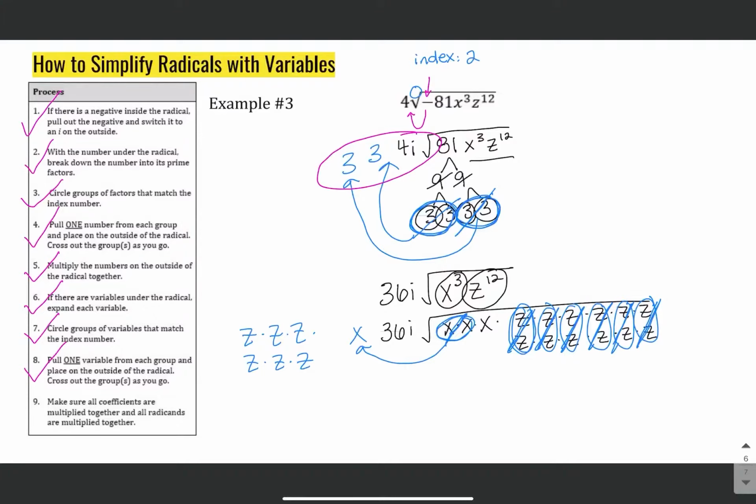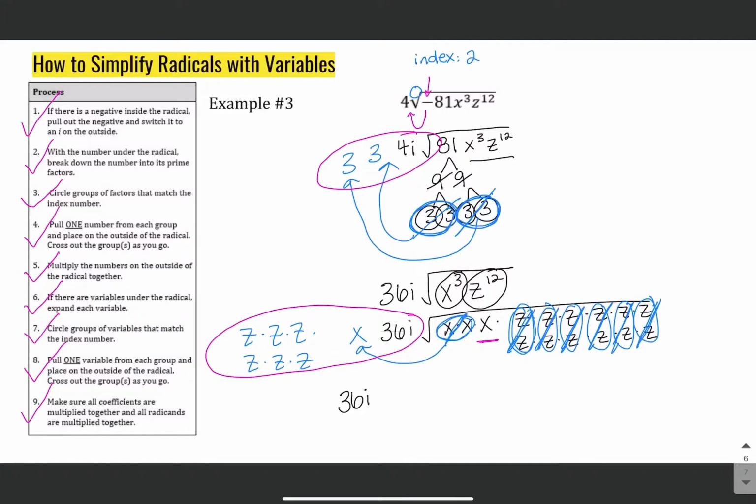We need to make sure all the coefficients are multiplied, so everything on the outside, so that's this, are multiplied together, and then all radicands, that would be on the inside, are multiplied together. Now let's look at all of this, because this might get a little messy here on the outside. Now we know we want to start with 36, and you can go ahead and put your i here.